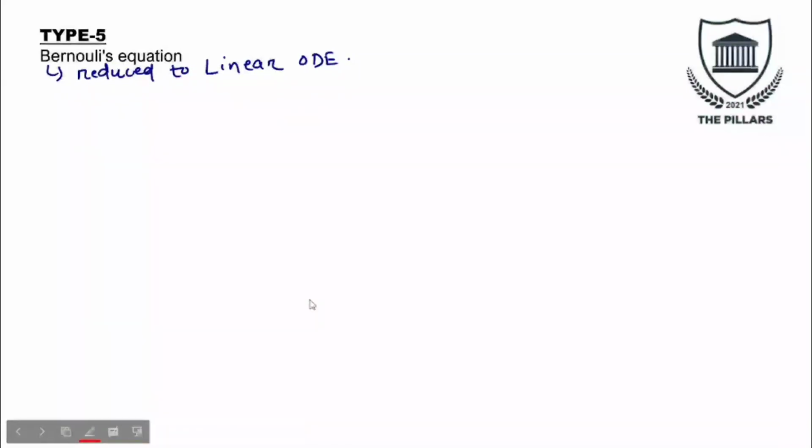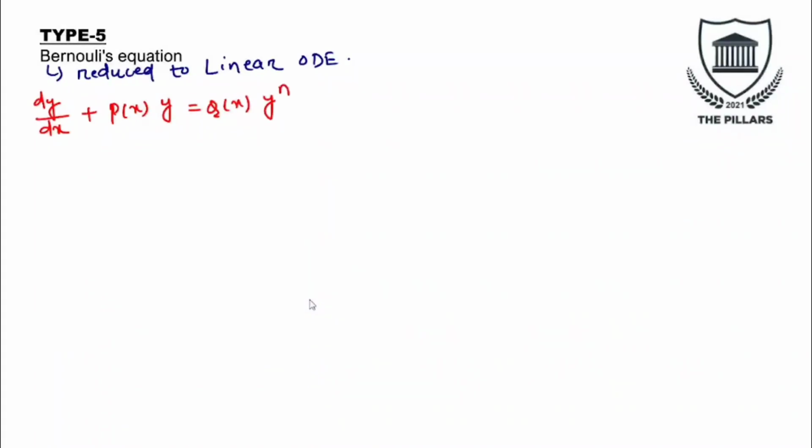So the general form of these Bernoulli's equations is written as dy by dx plus p of x, this is p, into y is equal to q of x. This is multiplied with some power of y, y to the power n.